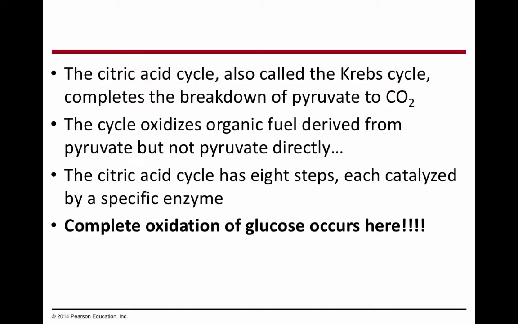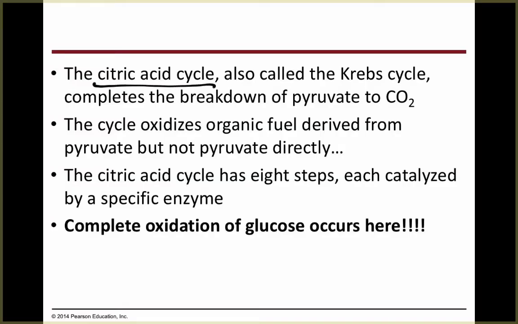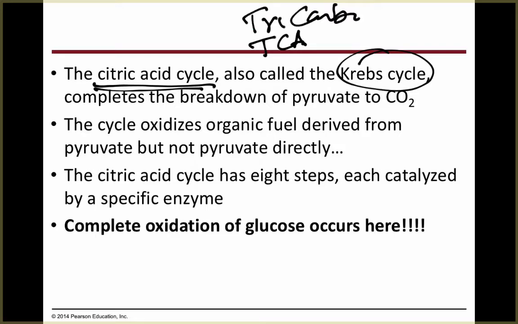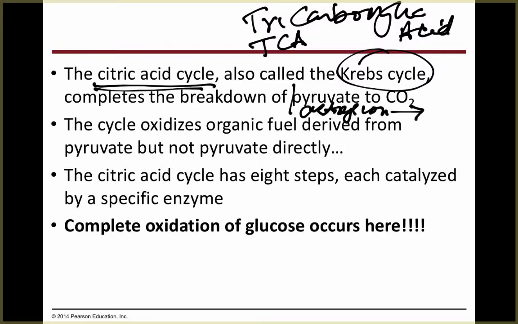So the last part we're going to talk about in this video is the citric acid cycle. It's also known as the Krebs cycle, or the TCA cycle, or the tricarboxylic acid cycle, right? And they all essentially are the same thing. This is where you're going to have the breakdown of pyruvate, or what's known as acetyl-CoA, that's going to go and make a lot of electron carriers.